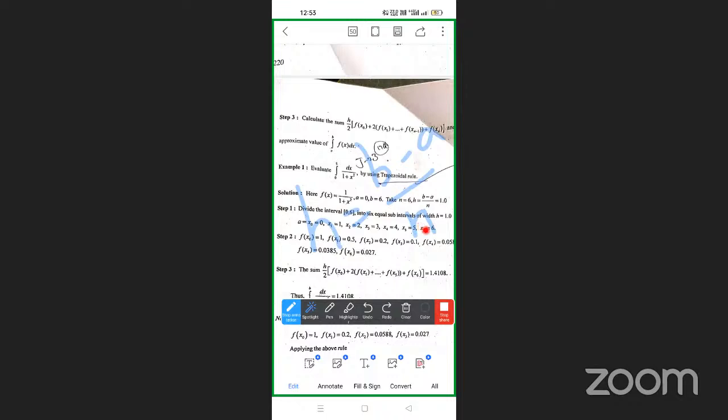Since the number of divisions is not given, we take n equal to 6.